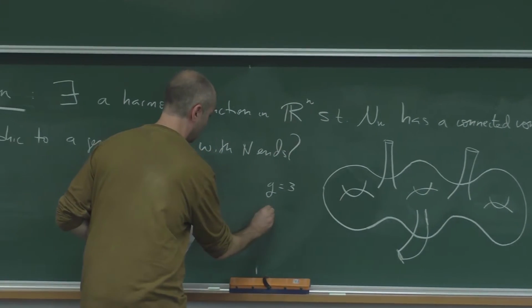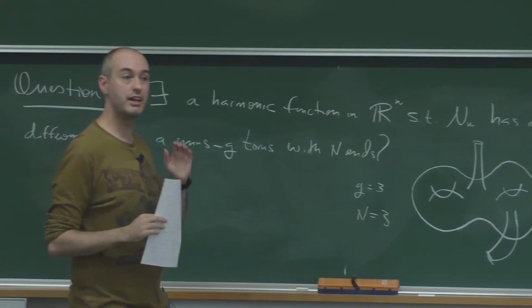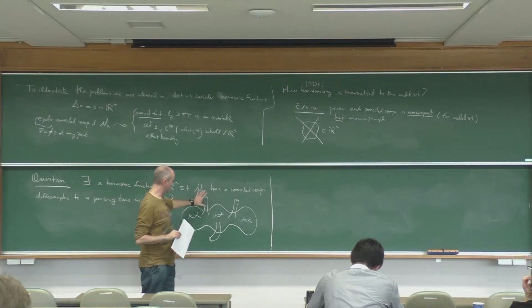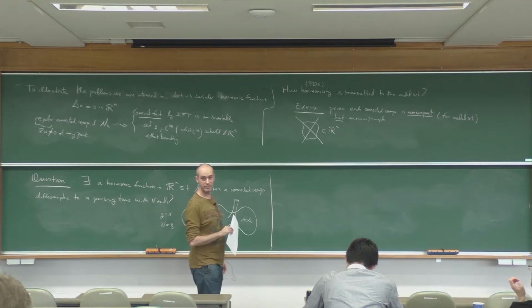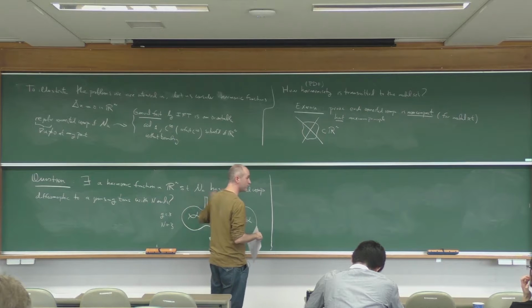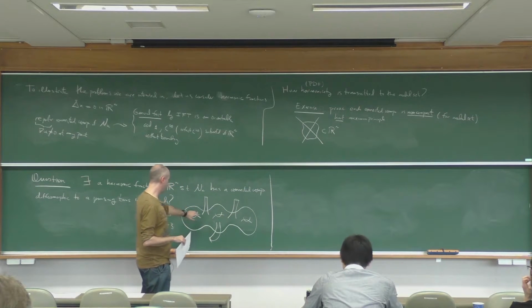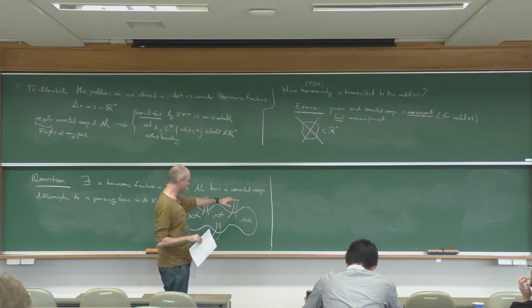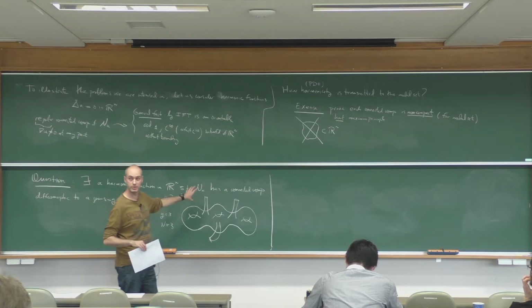So this is n equal to 3 ends. There are 3 ways to go to infinity. This is an end of a manifold. It's the number of connected components of the complement of any ball. So here, if you take any big ball, there will be 3 components in the complement, 3 cylinders.